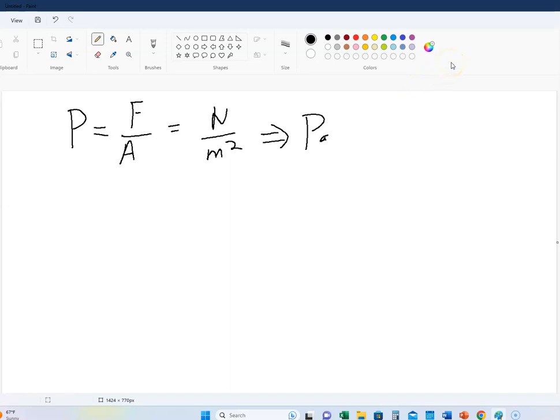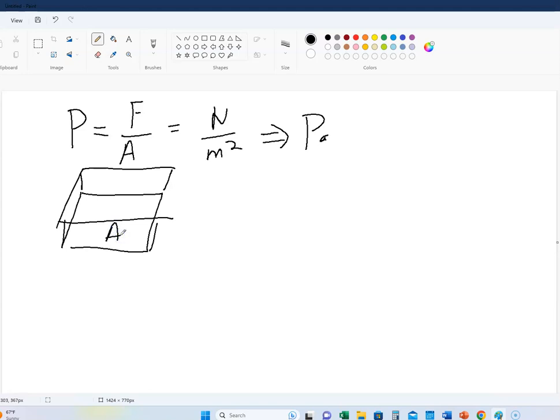All right. So let's just say that we have some kind of block. So this is a three-dimensional object. I'm not very good at drawing, but you get the idea. The surface area that is touching the ground, so it's laying on the ground, turns out the area is exactly 1 square meter.